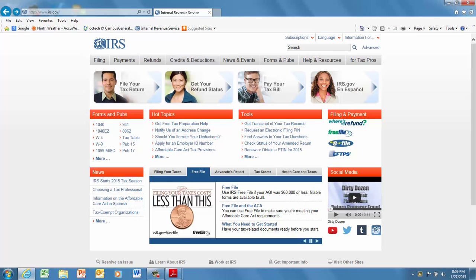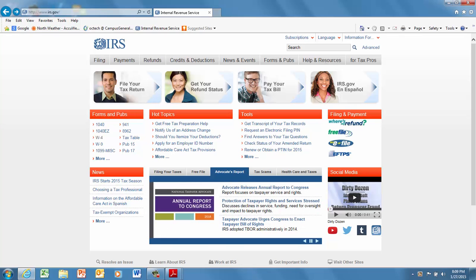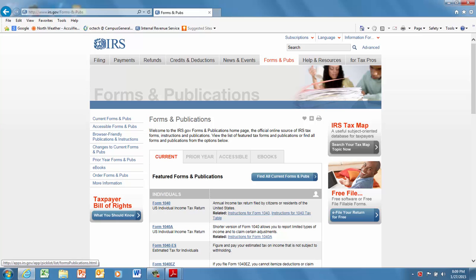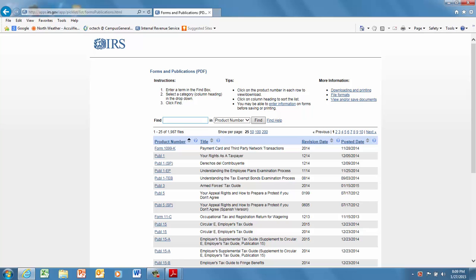Here we're going to take a look at filing 1040A. In this case, the 1040A is not listed on here, so we'll click on Forms and Pubs, find all current forms and pubs, and then we can put in 1040A.